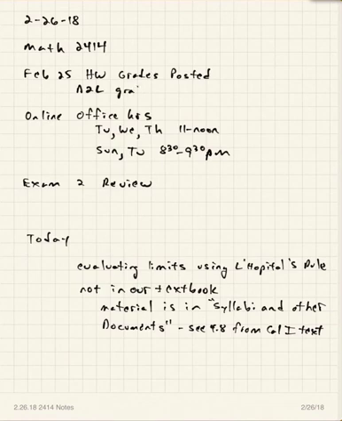Remember that I also post the solutions to those problems, and those are where I have syllabi and other documents on my Google site. So if you look at this, you can always find the solutions to the homework problems in the section that says syllabi and other documents. And I have those solutions on there by date.